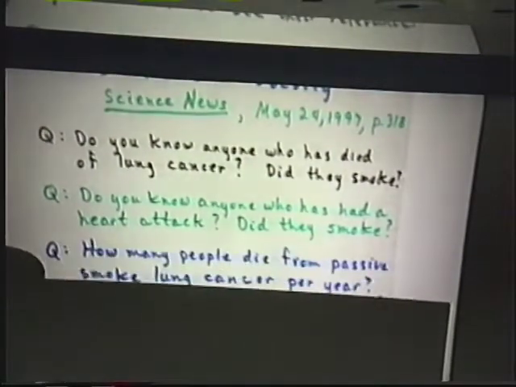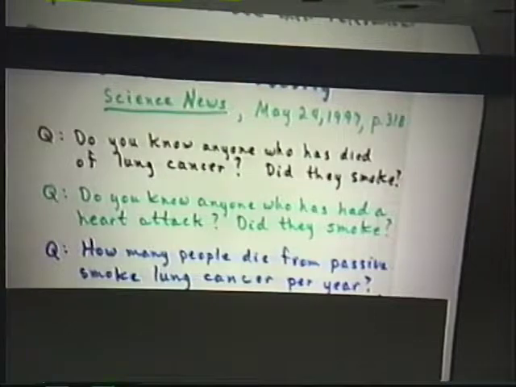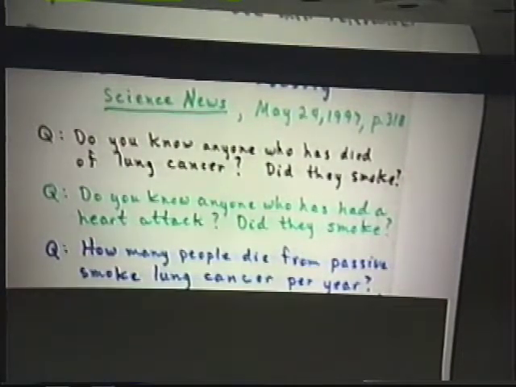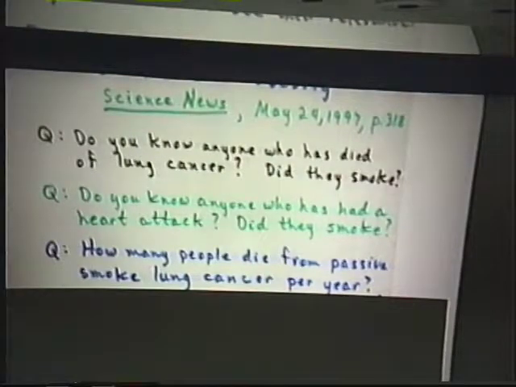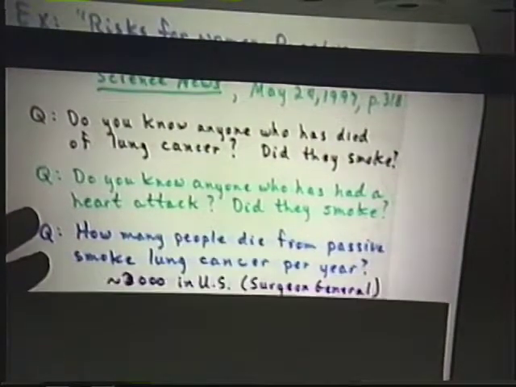Here's a question. How many people do you think die from lung cancer due to passive smoke per year? What do you think an estimate would be in the United States? I'll tell you, but I got you to think about it, okay? The answer is, according to the Surgeon General, about 3,000.